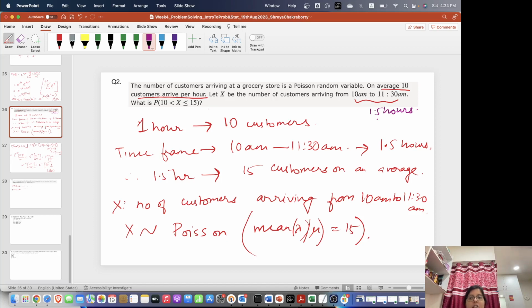If per page it can have 2 errors, then the entire book on an average can have that number times 30. That will be the average number of errors. Because the random variable is defined in that manner, x is the number of customers arriving in 1.5 hours, so the mean of x should also be for 1.5 hours. That's how we translate to keep the duration the same.